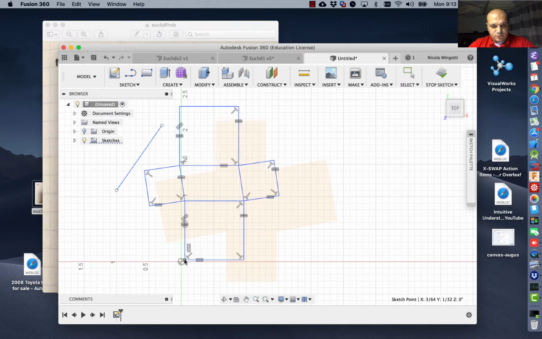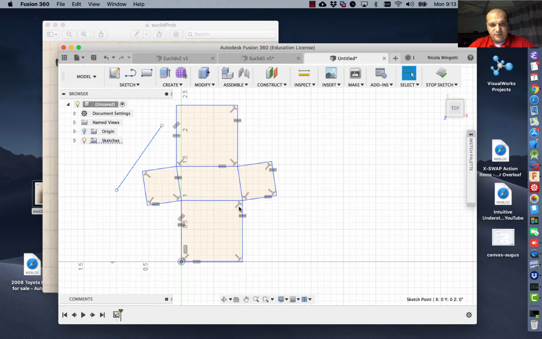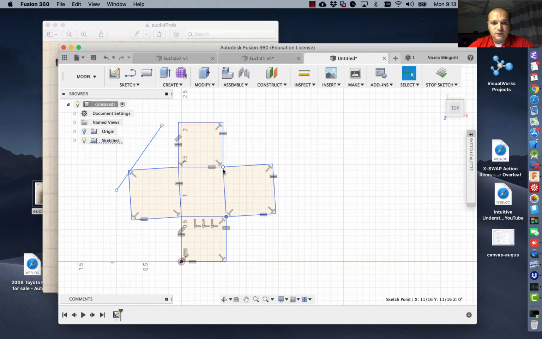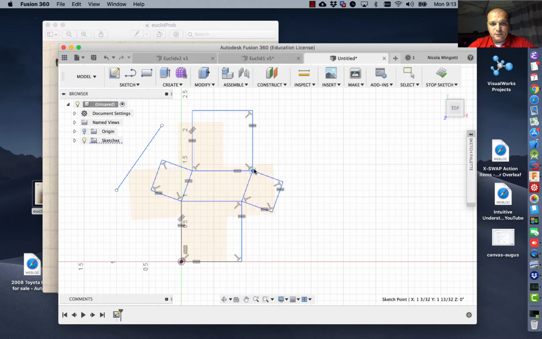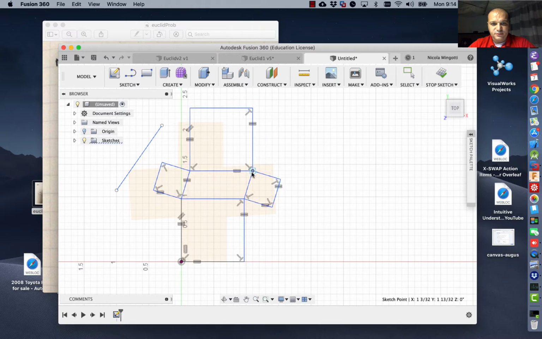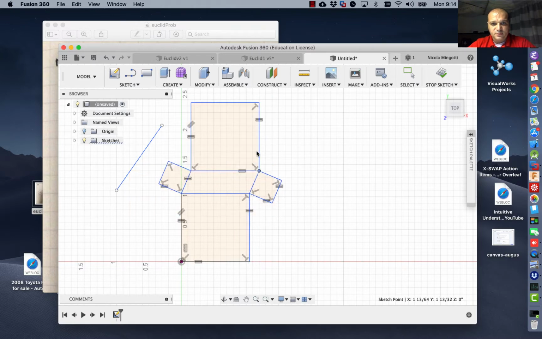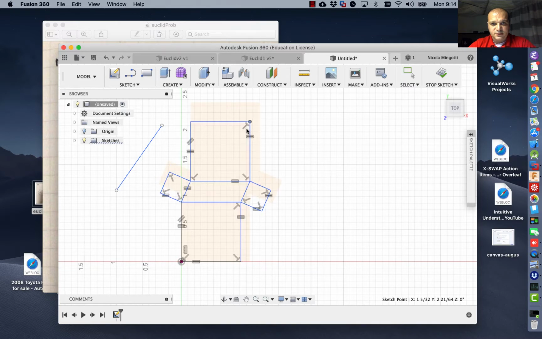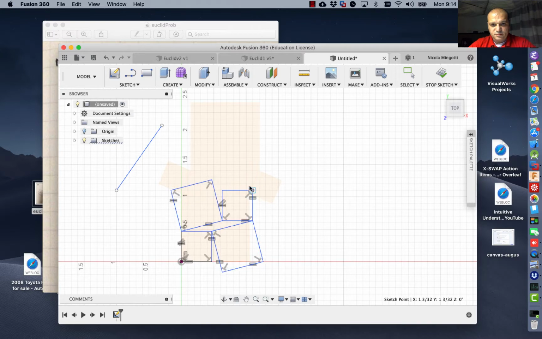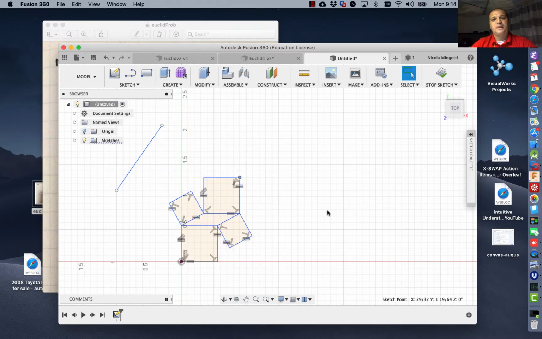This point we want it to be fixed here. Okay. So you see, so nice. This is our figure moving. Let's try to shrink this. Beautiful, huh?